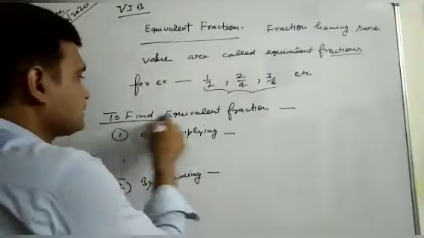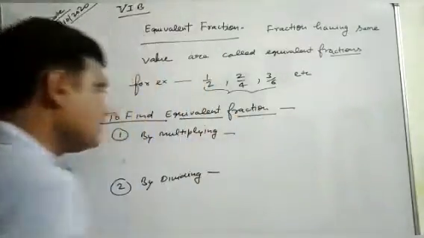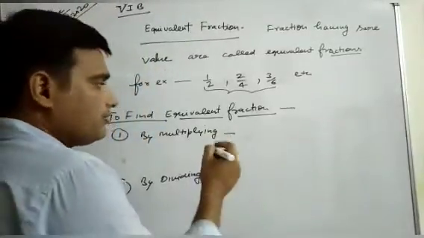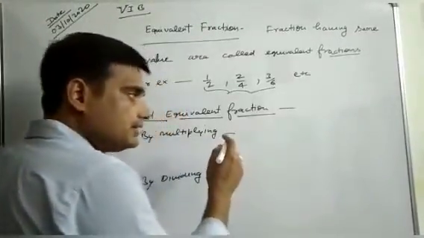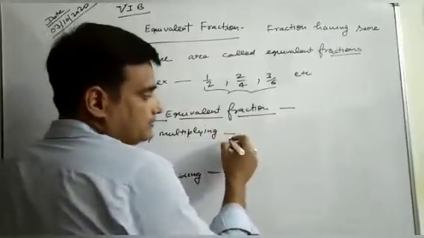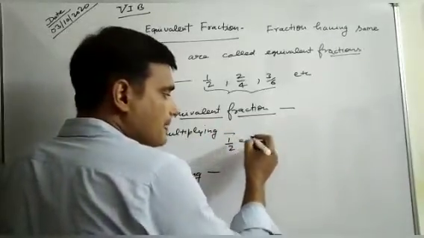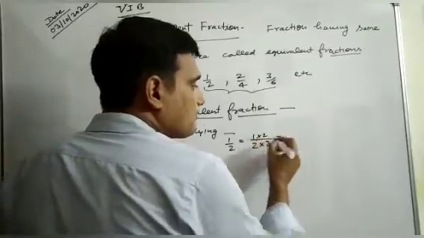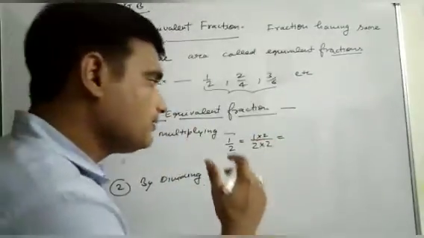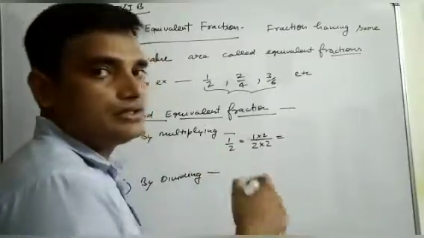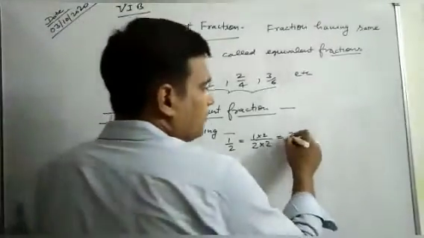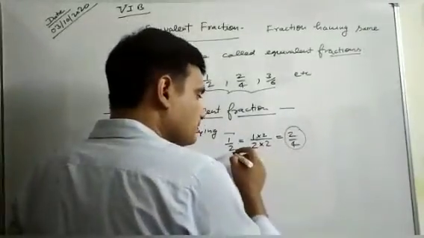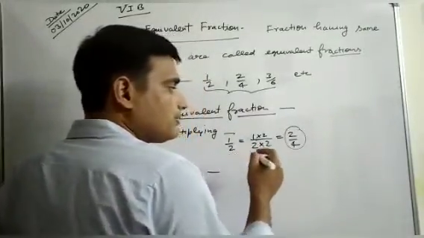To find equivalent fractions, we use multiplication and division both. If we find an equivalent fraction of 1 upon 2, we multiply both numerator and denominator by the same non-zero number, 2, and we get 2 upon 4. 2 upon 4 is an equivalent fraction of 1 upon 2.